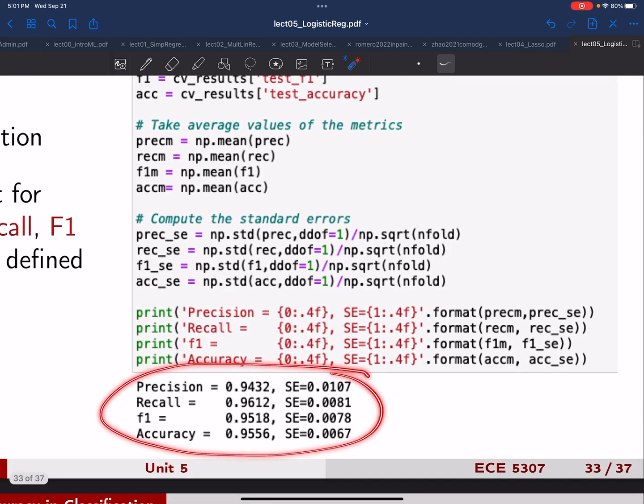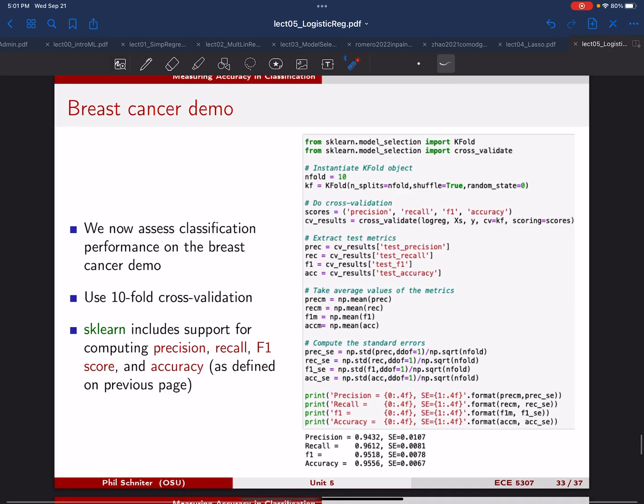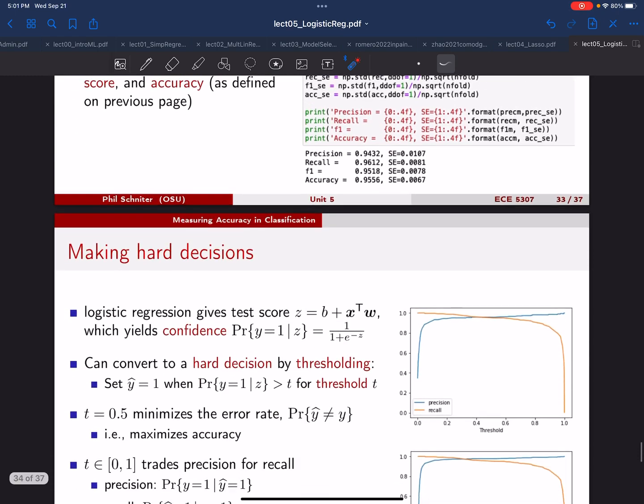And you can see for this cancer data set, we got pretty good numbers, like mid-90s for all metrics. And then the standard errors are roughly around 1%. So it tells you that we can have some confidence in these values. Okay, so that's how we can do things in scikit-learn. Any questions about this? Okay.